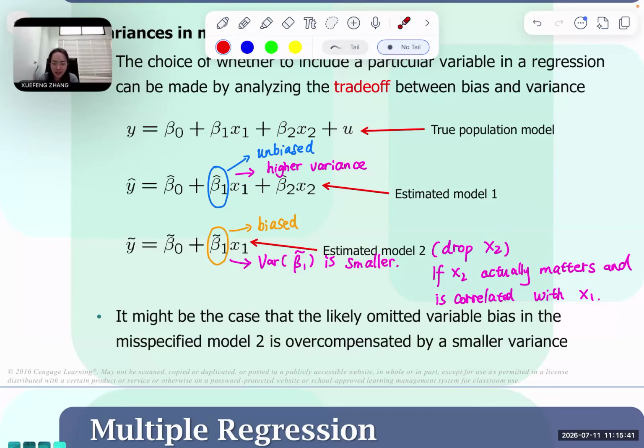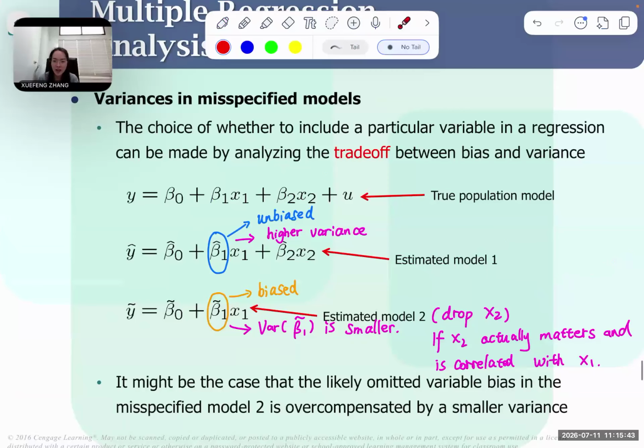So the key insight on the slide is that sometimes this smaller variance in model 2 can actually outweigh the harm from bias. In other words, a biased but precise estimate here.